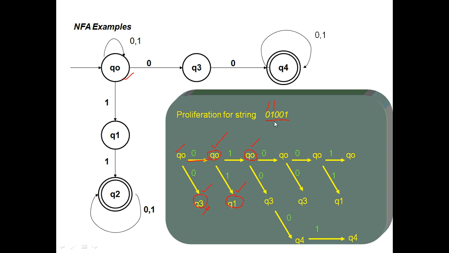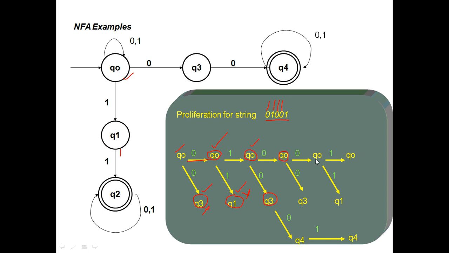Now in Q0 again I am going to read 0. For Q0 with 0 we have again two states, Q0 and Q3, and in Q1 we didn't have any transition here, so it is going to be cancelled. Again from Q0 we take 0 itself.